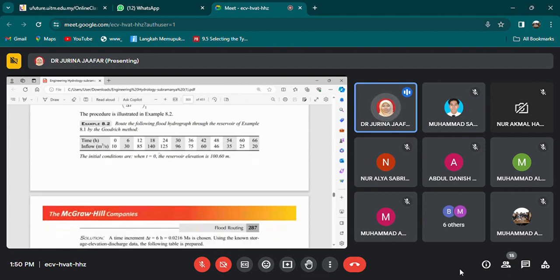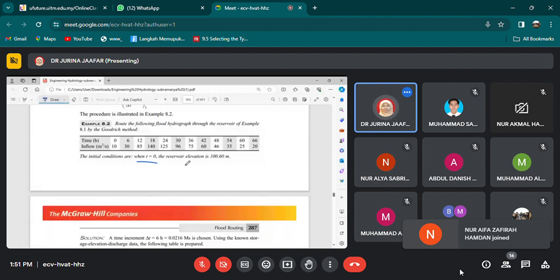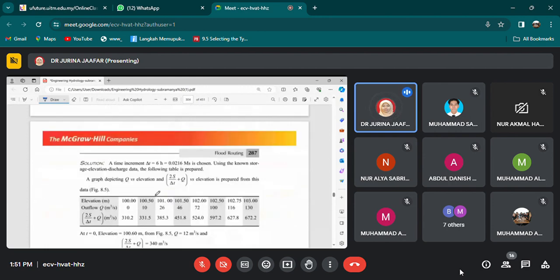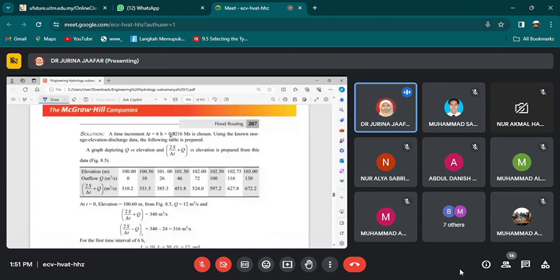Okay, dia kata route the following flood hydrograph, di mana this the flow, dia masuk ke dalam reservoir. So using a Goodrich method. So initial condition dia kata at T0, reservoir elevation is 100.6 meter. Okay, so the time increment 0.0216 times 10 to the power of 6 is chosen.